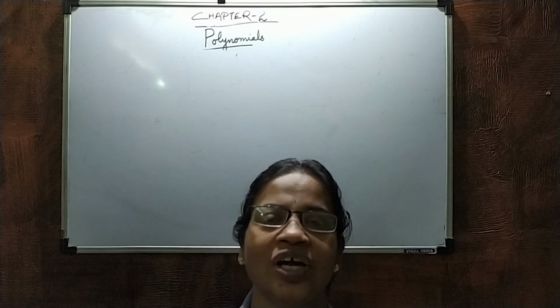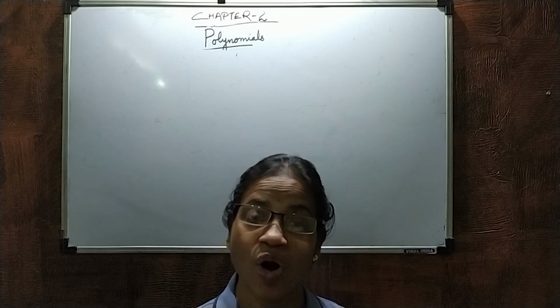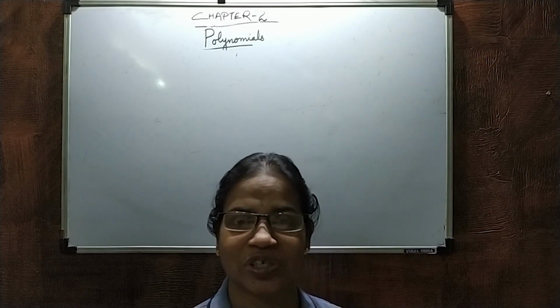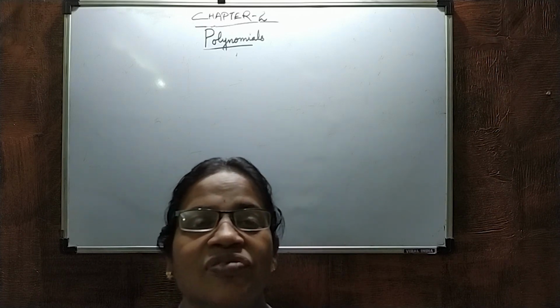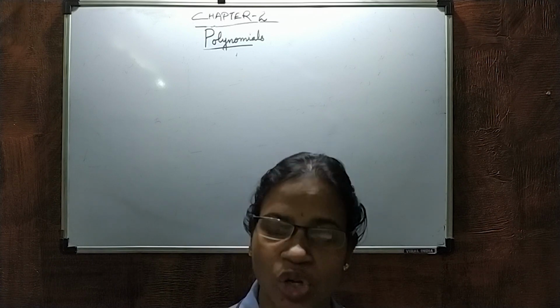Okay then. What all things have you studied today? We have studied about polynomials with one variable. What are polynomials? Already you studied algebraic expressions in 8th and 7th standard. From the algebraic expressions, there is a particular topic called polynomials.